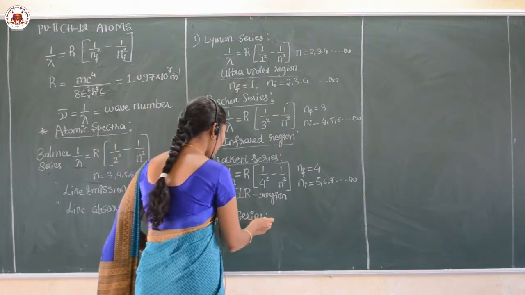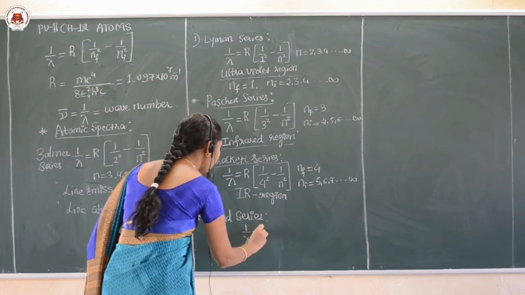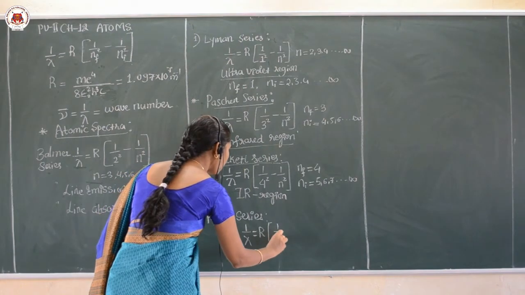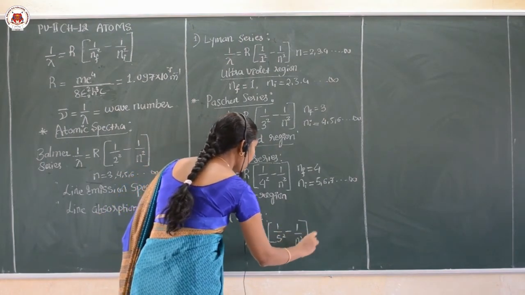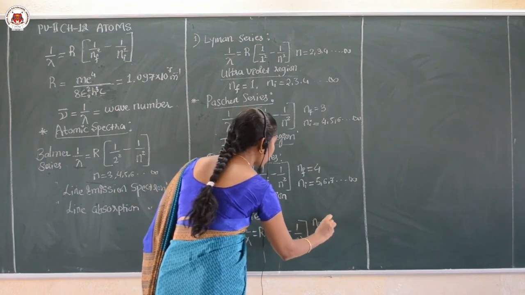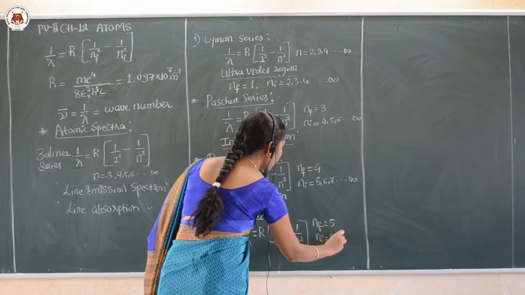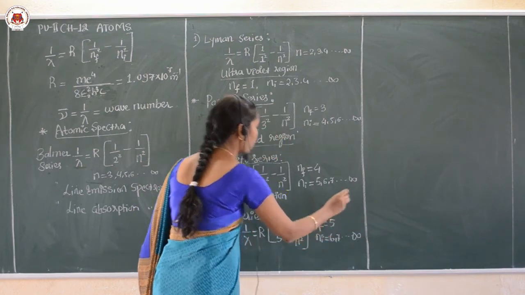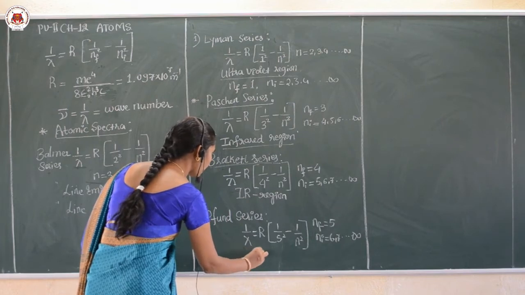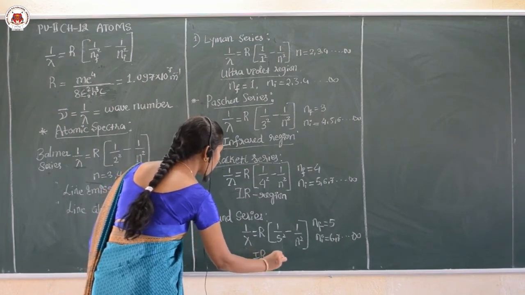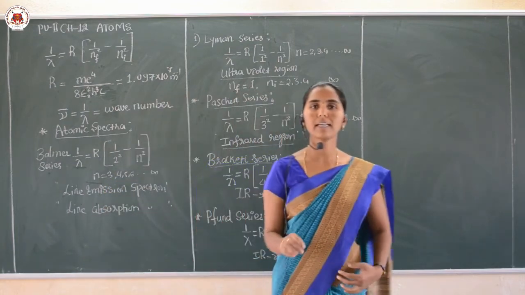So here 1 by lambda can be taken as equal to R into 1 upon 5 square minus 1 upon n square, and here nf is taken as 5 and ni will be 6, 7 up to infinity, and this Pfund series was also observed in the IR region only. Am I clear, dear students?